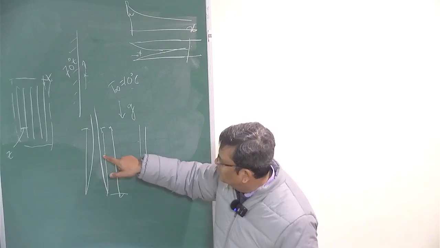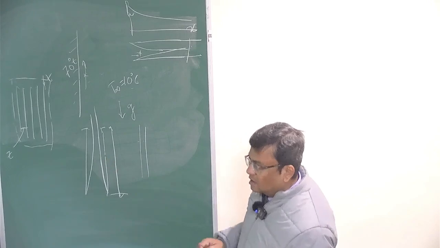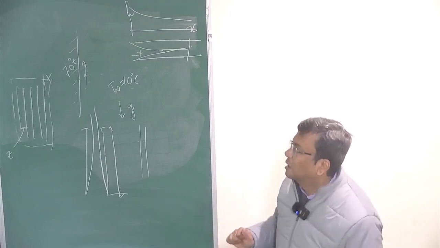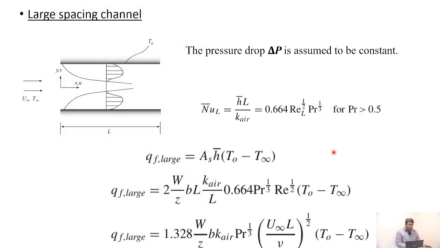So what you do is just take a Nusselt number correlation for a vertical plane. Okay, so just use that, and that was what we did for natural convection. Here the correlation will change, and the correlation will look like this.